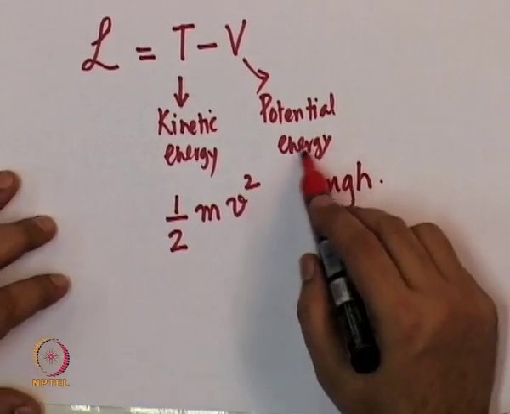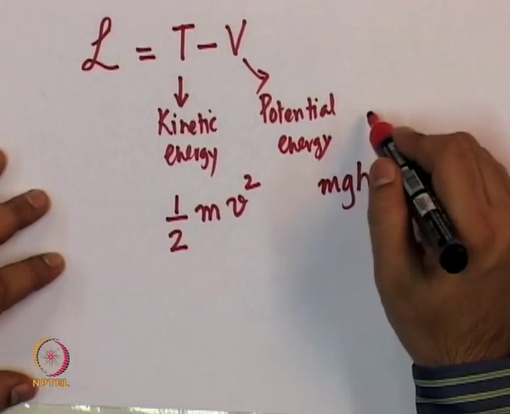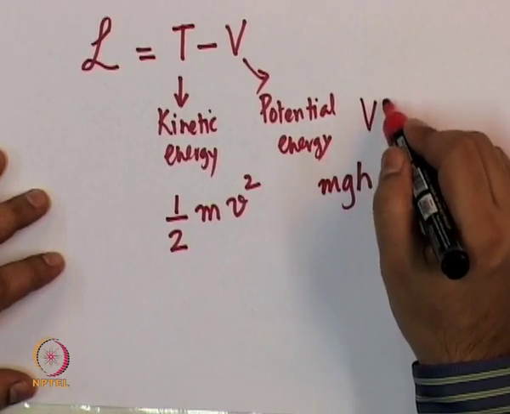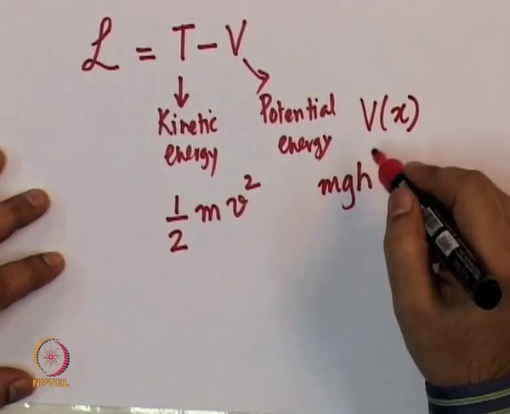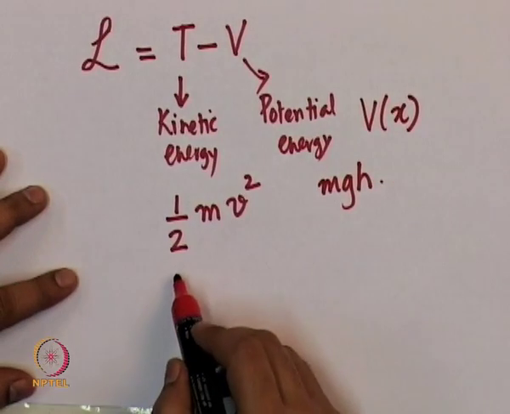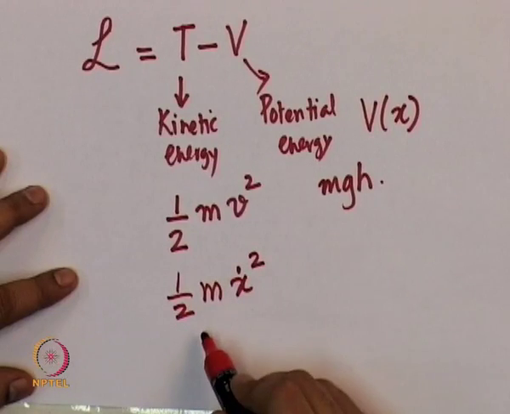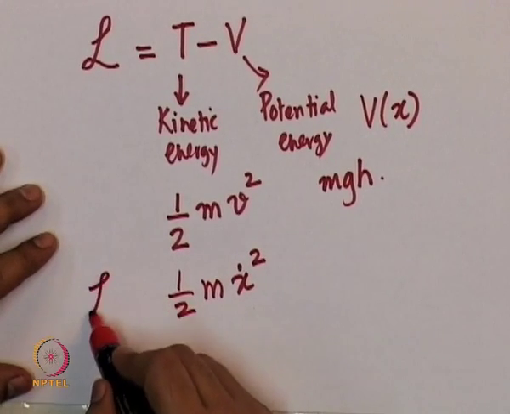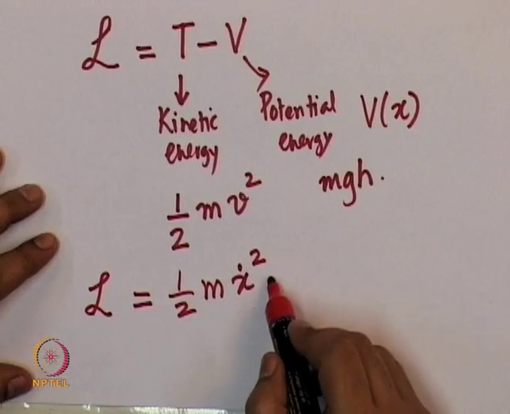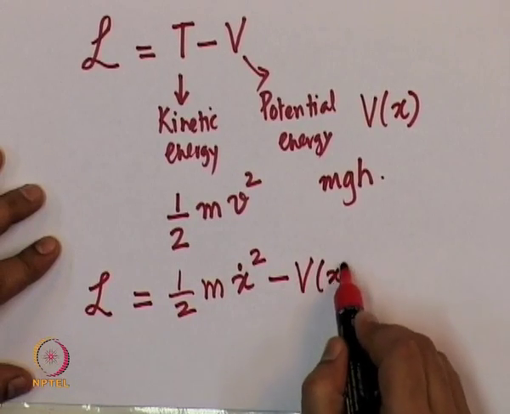In general, the potential energy is nothing but a function of position, and velocity is x dot. So the so called action is nothing but half m x dot squared minus V of x.